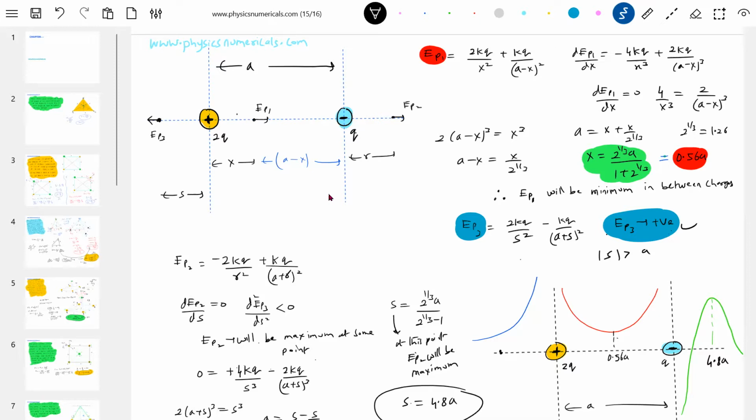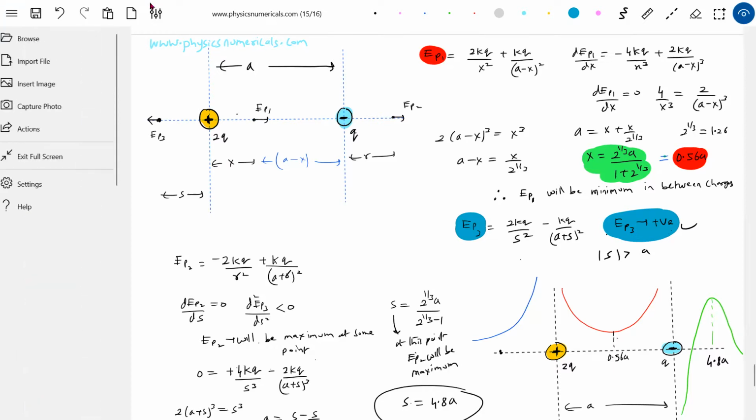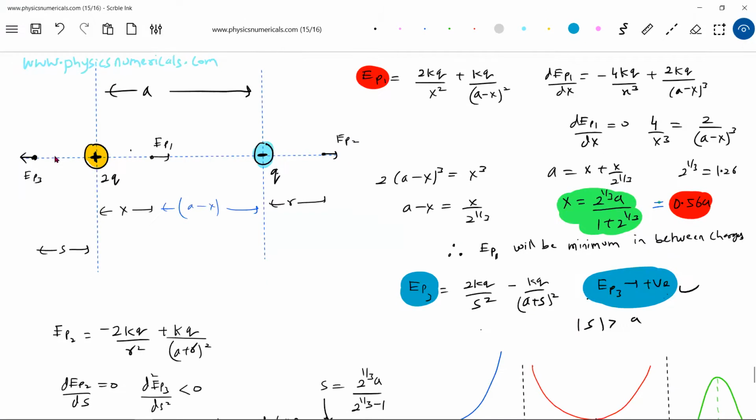What is the field strength at this point? Due to the positive point charge, the distance of point P2 will be a plus R. So 2kq by (a plus R) whole square. Just some calculations I'll take care of.